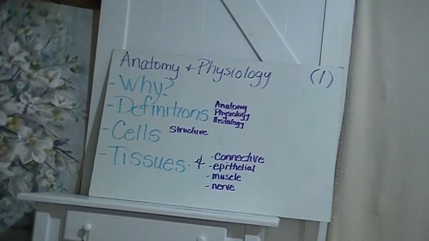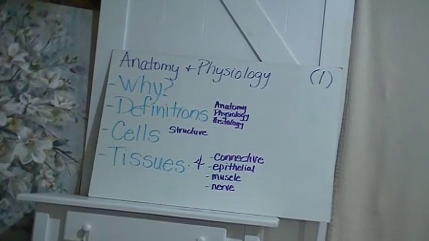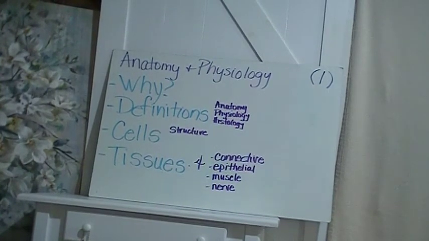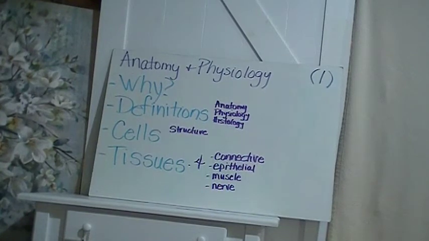So anyway, definition of anatomy is the study of the human body structures that can be seen with the naked eye and how the body parts are organized. It is the science of the structure of organisms or of their parts. Definition of physiology. I have that written kind of small. I can't tell if you can see it or not. Physiology is the study of the functions and activities performed by the body structures.